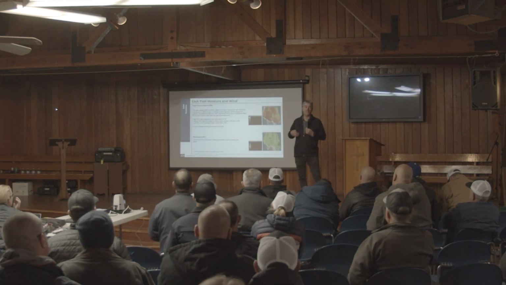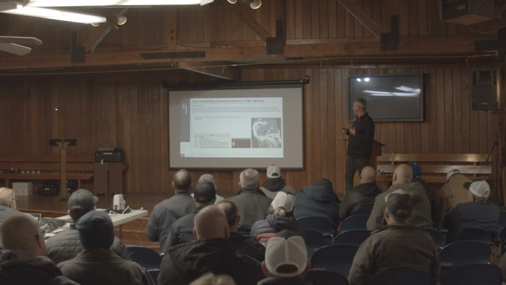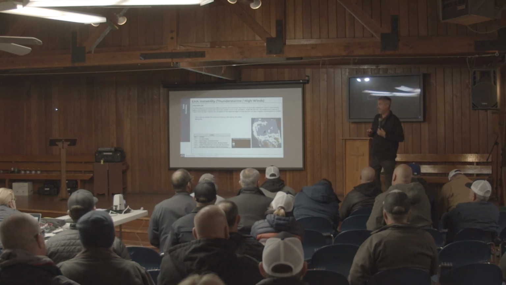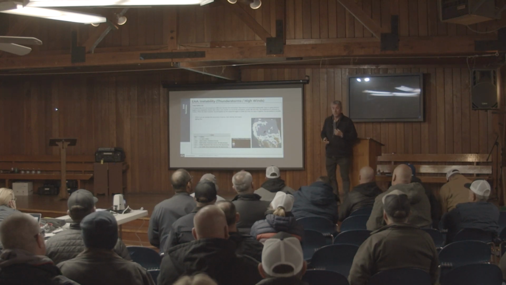Obviously, it's very important to have information about the fuel moisture and the winds. We also include them. And we included two variables that are not included in the other models, such as the NFDRS, that we plan to include, which is the instability, right?